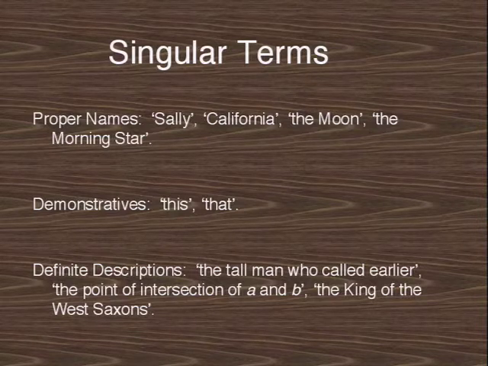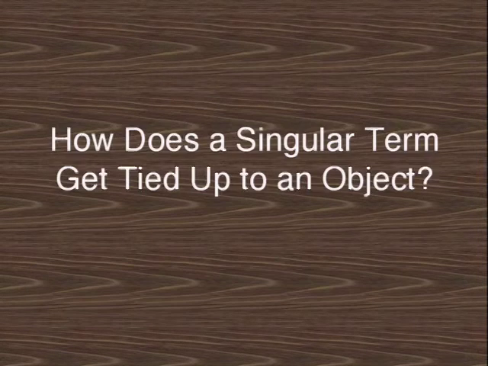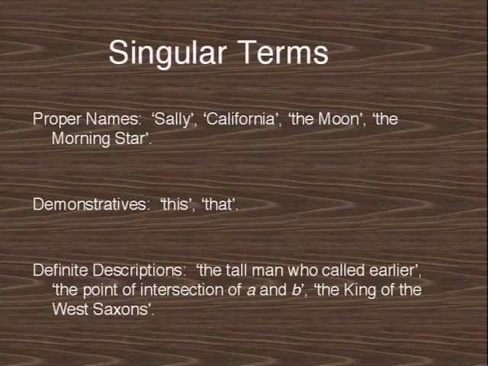So these we should be suspicious of, because they look like singular terms, but they have general terms in them. So there's an issue. What's going on here? Is this singular or general? And this matters because, for many reasons, but one basic reason is that the whole question we're addressing is defined as how does a singular term get tied up to an object? So Frege tends to talk about proper names, like Sally, California, the moon, the morning star.